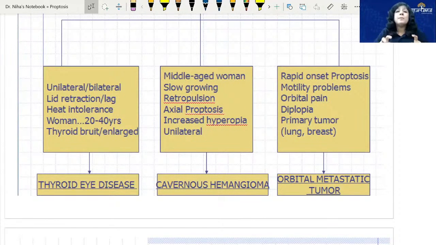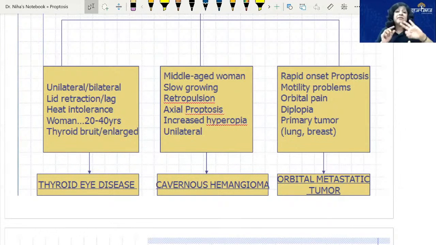The most common sign that you get in thyroid eye disease is not proptosis, it is the eyelid retraction, and most of the time it is the upper eyelid retraction. So if I am getting eyelid retraction, eyelid lag, unilateral, bilateral, male, female, does not matter. It is found in all.